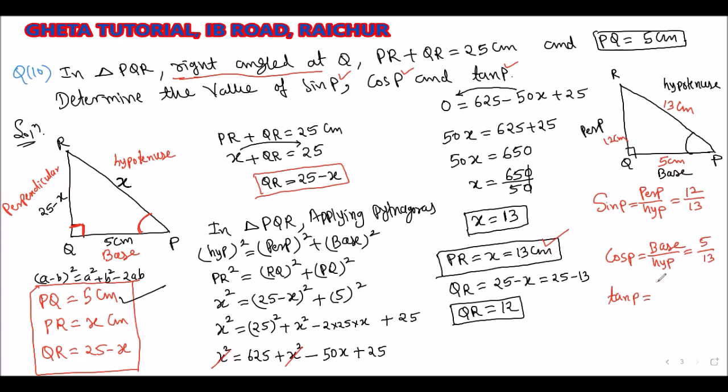Tan P is nothing but perpendicular by base. Perpendicular is 12, so 12 by 5.